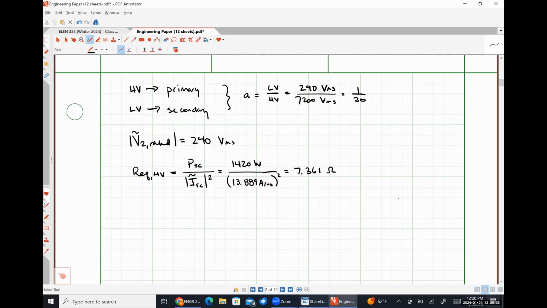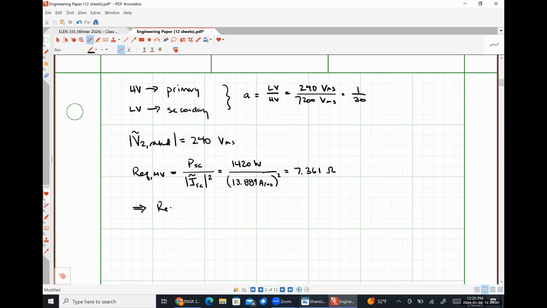So on the low voltage or the secondary side, should we divide by A squared or multiply by A squared? So we're going from the primary side to the secondary side, so we should be multiplying by A squared.